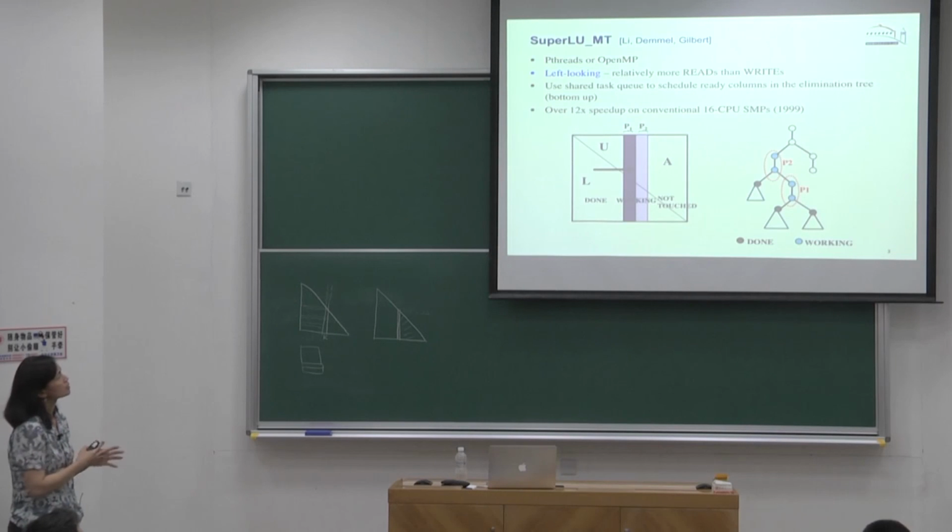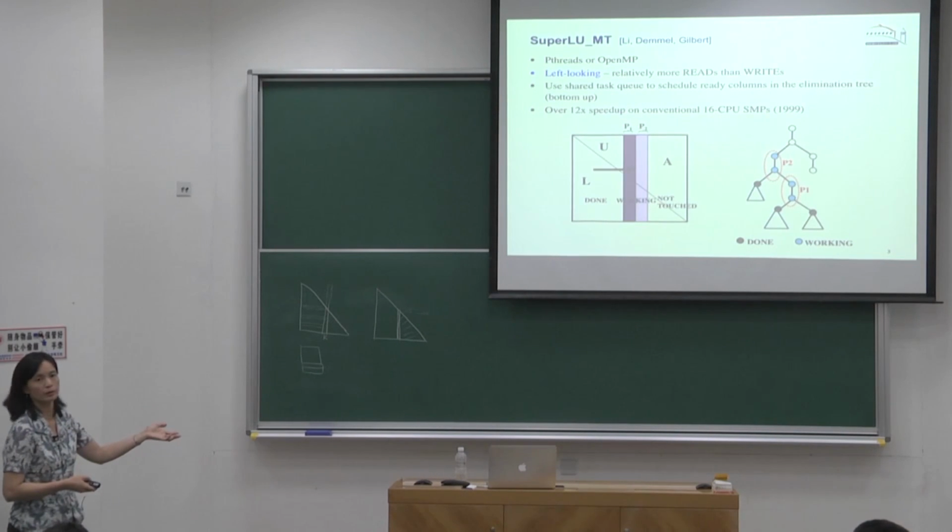Apart from this, the shared memory code is relatively easy to manage. There's no concept of distribution. All the tree, all the matrix is in global shared memory. And then you need to coordinate, so when this part is not finished, you need to wait a little bit.